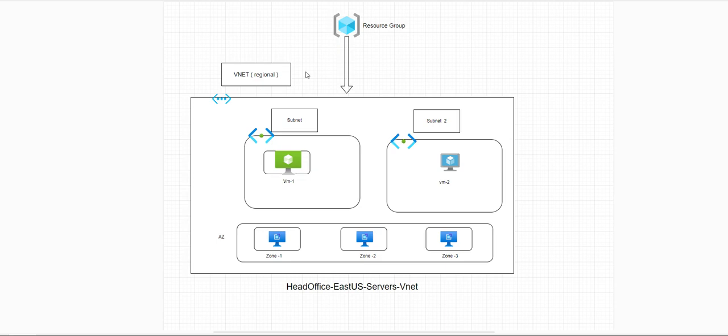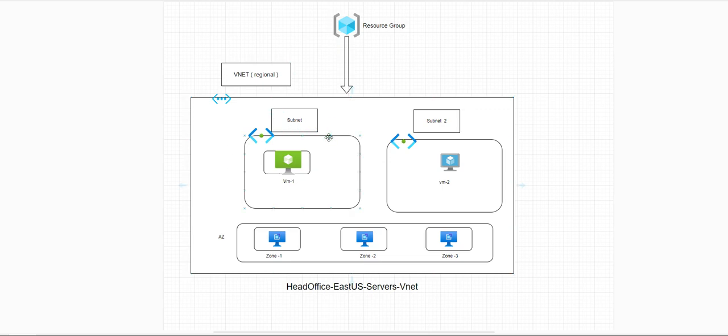So initially, we need to create a resource group. Under that resource group, we need to create a virtual network. Under the virtual network, you can have different subnets.